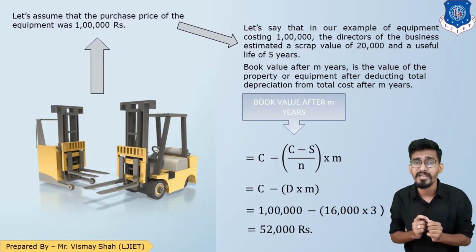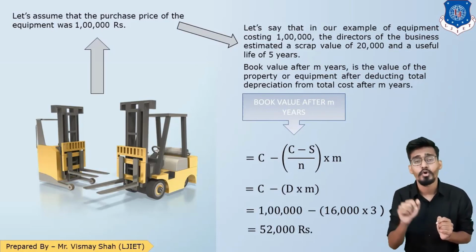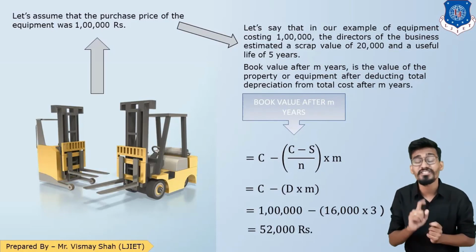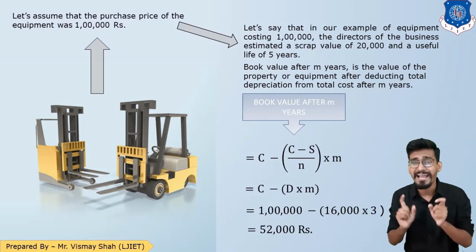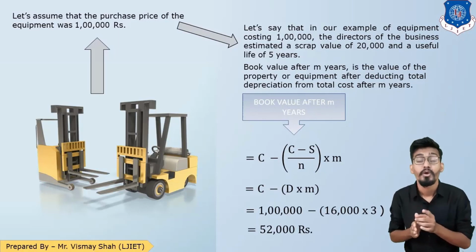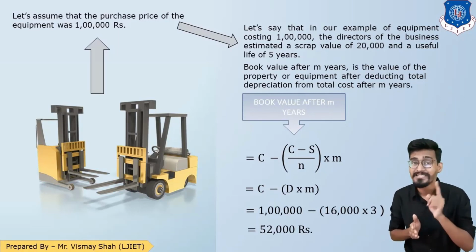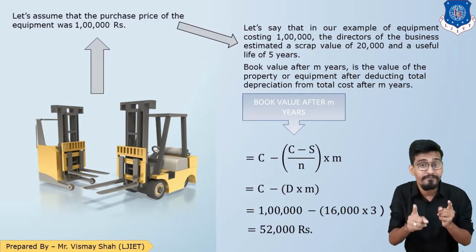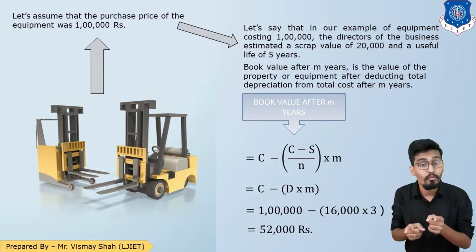So the original cost was 1 lakh, and the depreciation up to the third year was 48,000. So 1 lakh minus 48,000 is your book value, or in other words, the depreciated value. Book value and depreciated value are the same. Depreciation is different.